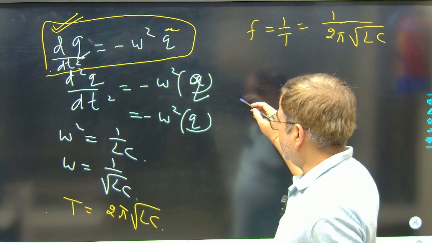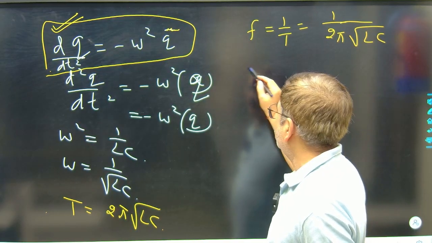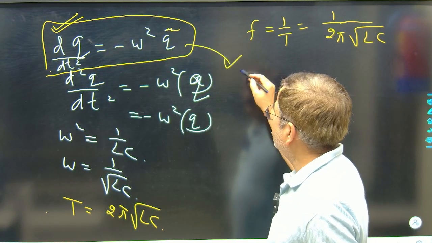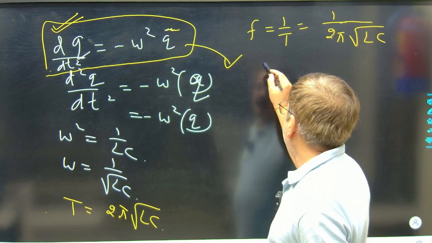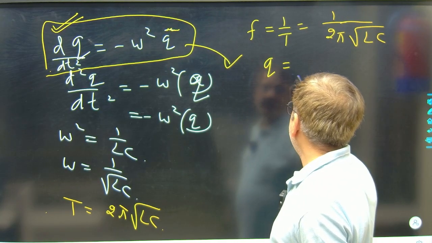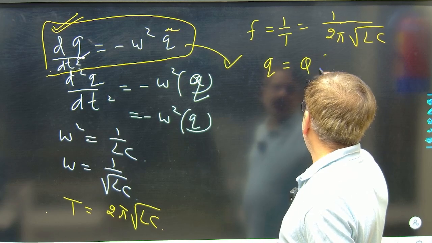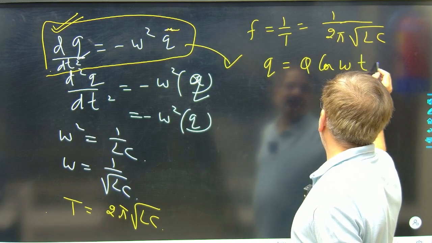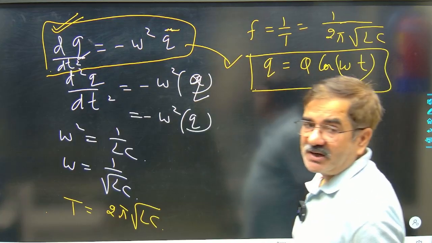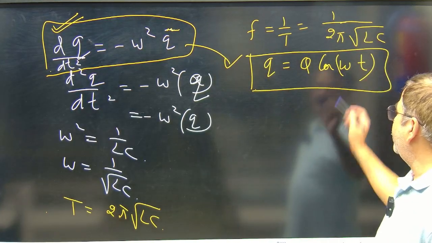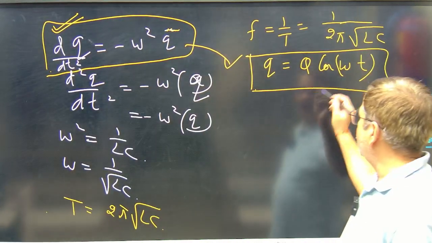Now, if I see the value of SHM, what we relate, it will follow the sinusoidal result. What it was, say, Q is equal to capital Q into cos omega t. This will be the result of charge flowing in the circuit. For the charge flowing in the circuit, Q will be varying like this. Why the cos function?